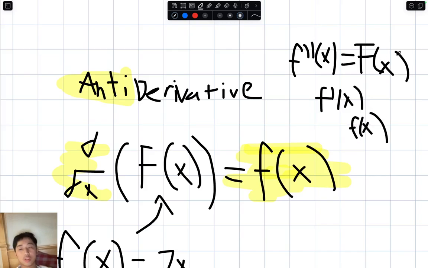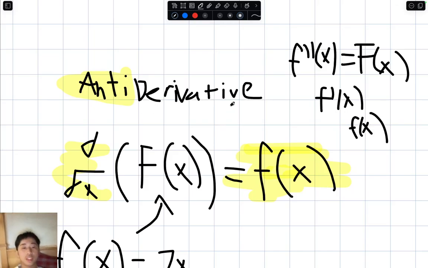So it just goes down. Antiderivatives make the little dashes on top of the function go downwards. In many ways, antiderivatives are the direct opposite of a derivative.